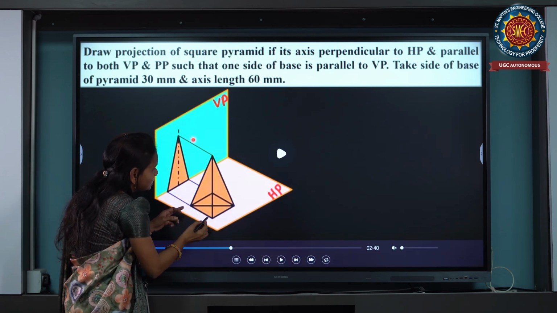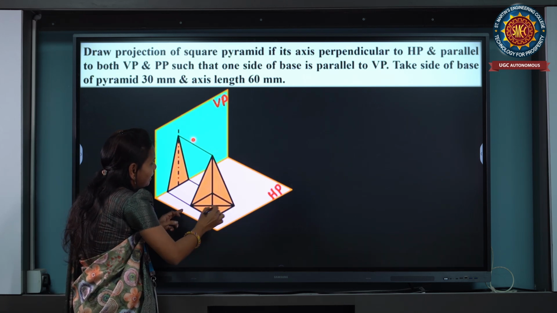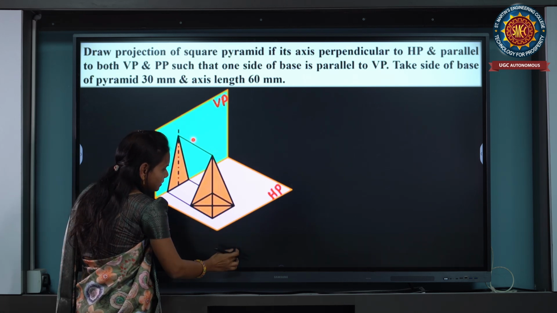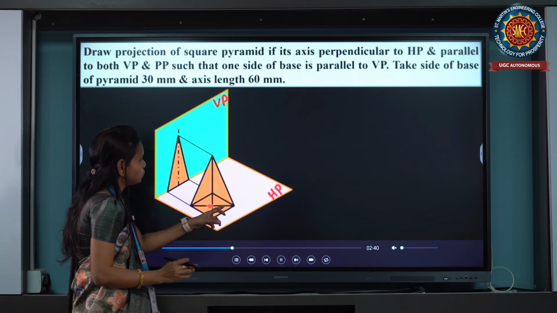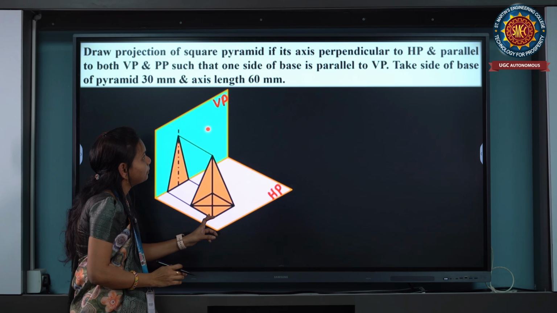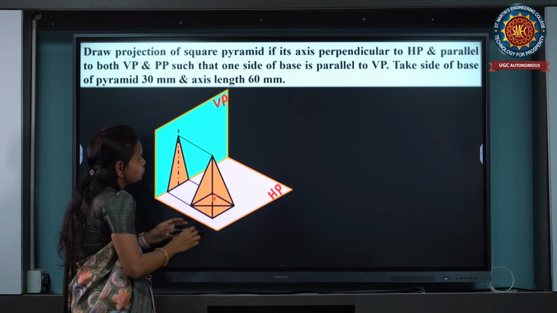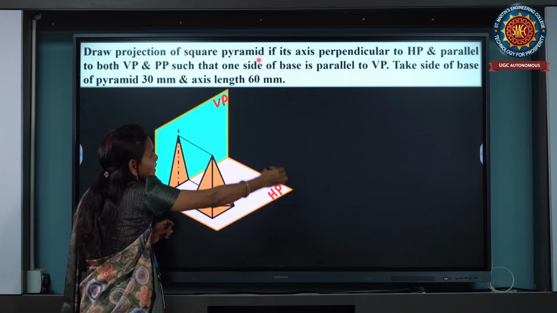One side of the base is parallel to VP. So this is the VP and this is the square pyramid base. So this is the square pyramid and the base is parallel to VP, and take the pyramid axis as 60 mm. So it is parallel to the profile plane again.